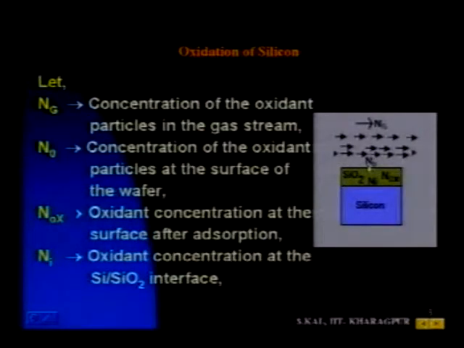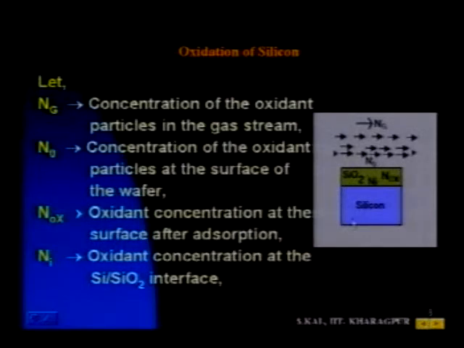Ng minus N naught, that is the difference of the concentration. How many oxygen particles will reach from the gas phase to the surface depends on the difference between Ng and N naught. If the difference between Ng and N naught is large, a large number of molecules will reach here.